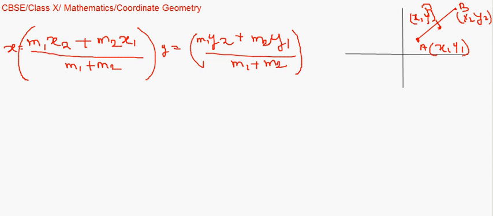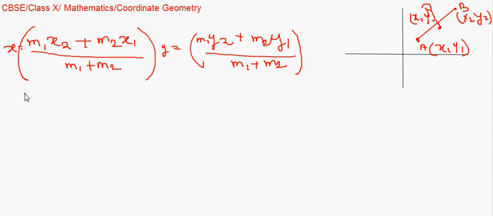Now let us understand what m1 and m2 are. m1 and m2 represent the ratio at which point P is dividing AB. Suppose the ratio at which P is dividing AB is 2:1. Then we can assume m1 and m2 as 2 and 1.